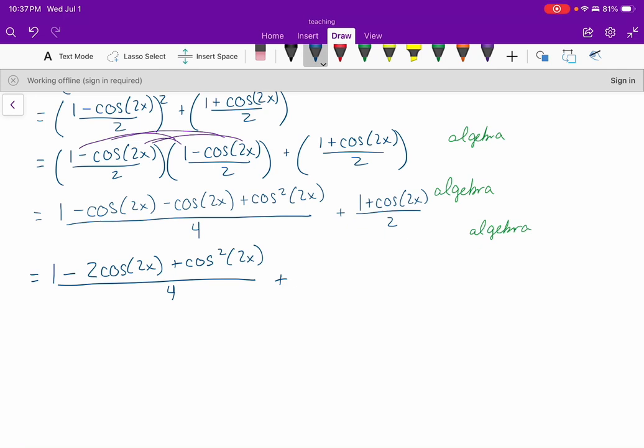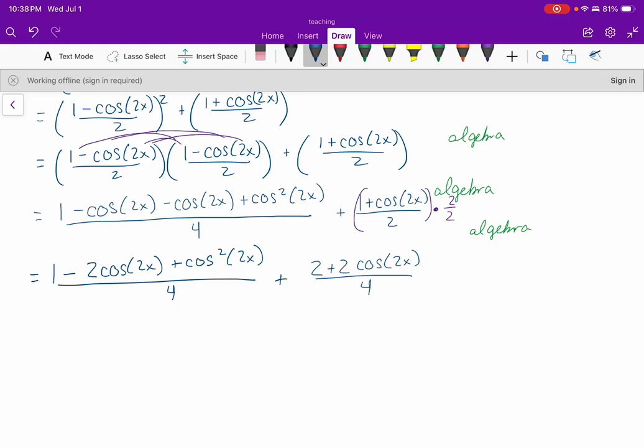Plus, now I would like to make this second fraction also have a denominator of 4. That way I can put it all together. So I'm going to multiply this by 2 over 2. That's going to give me 2 plus 2 cosine 2x over 4.